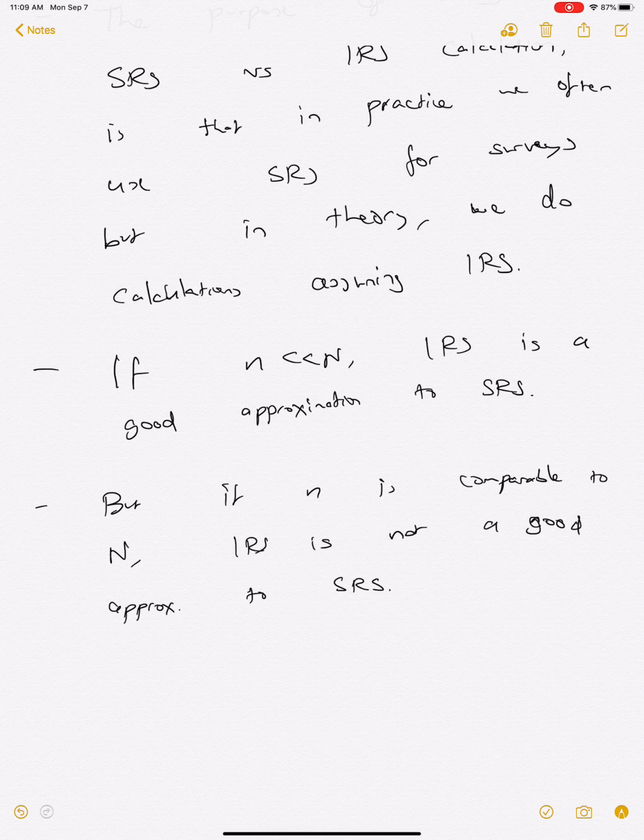Remember that we have the big N minus little n term in the numerator. So clearly, if they're the same, you're going to get a very different result.